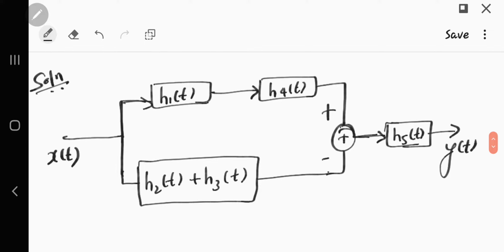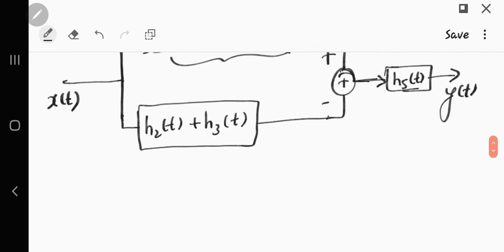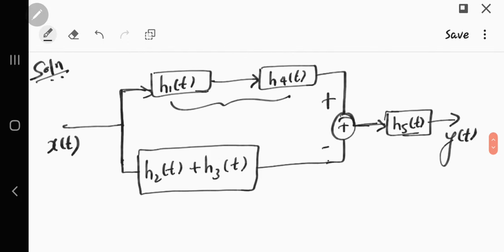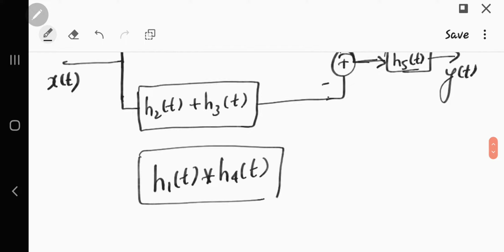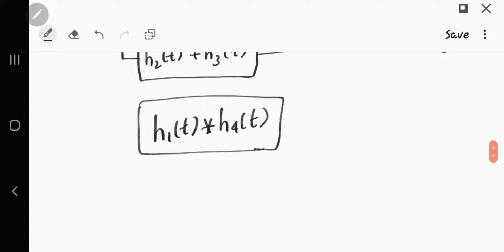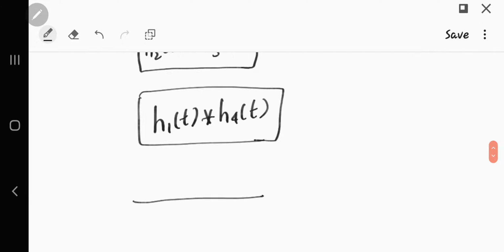Next step. These two are connected in cascade. Let's reduce that. If you reduce that, it will be h1 of t convolved with h4 of t. This is the first system which is reduced, and below this we have the same h2 of t plus h3 of t.